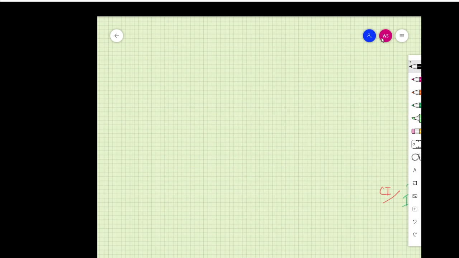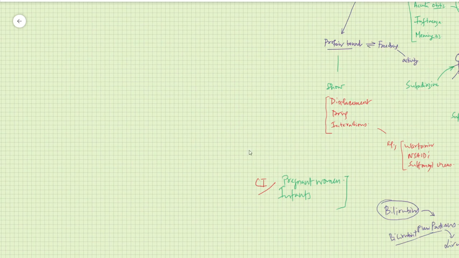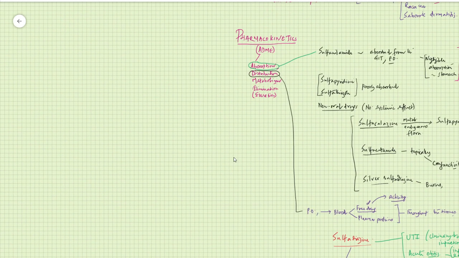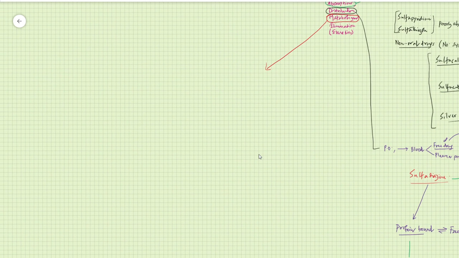Okay. So let's now discuss the metabolism part of it. Let's talk about metabolism of sulfonamides. Okay. So metabolism for sulfonamides happens in the liver. Okay. We need to remember it happens by oxidation and acetylation.